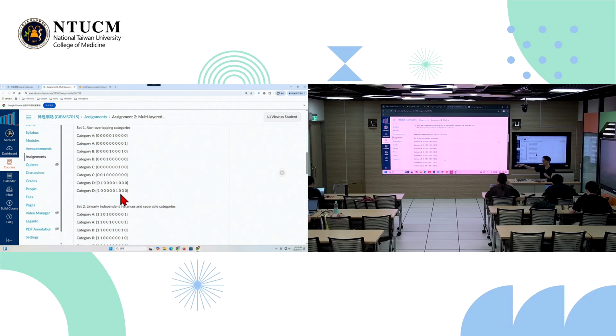Within the category, it can overlap. It's fine. Correct. So although that position in category D has 2 ones in the same position, that position has no ones in the other categories. So that's what the non-overlapping means. Okay? All right. Thank you.